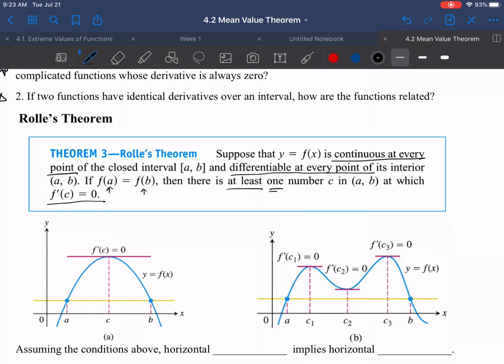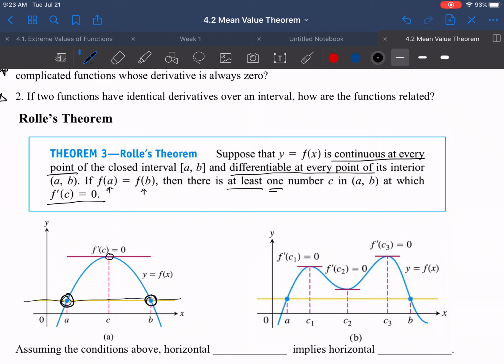And so if we start at a, f of a, and we end at f of b, and they both have the same value, in other words, we draw a horizontal line and it hits the graph at those 2 points, then somewhere between those two points where the values are the same, you're going to have at least one point where the derivative is 0, and therefore the slope of the tangent line is 0.